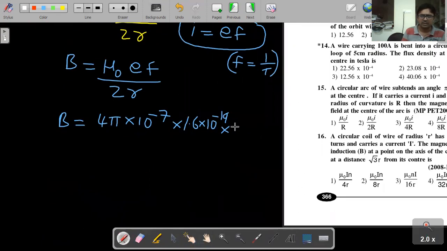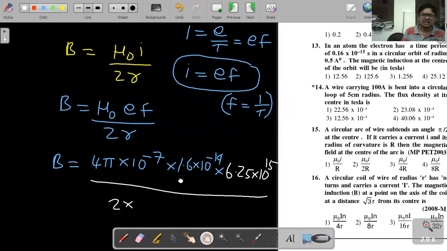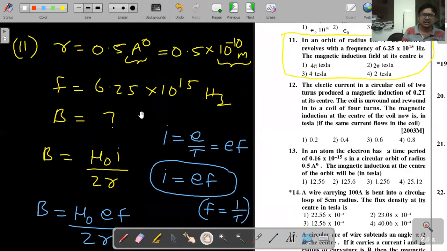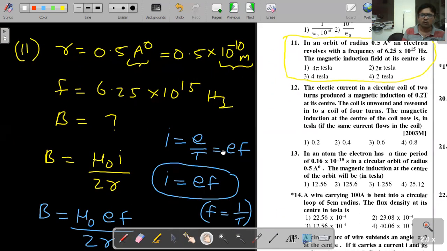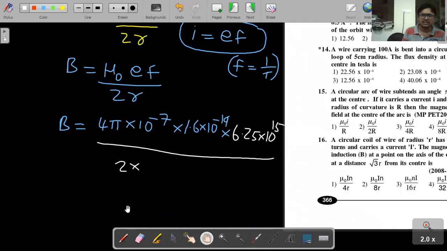Let me write that also, by 2R. 2 into R. What is R, sir? R is radius. They provided in the question 0.5 angstroms, so I can write 0.5 into 10 power minus 10.